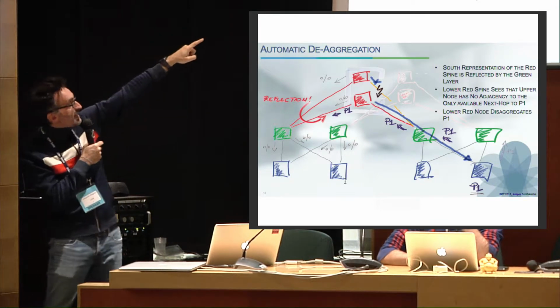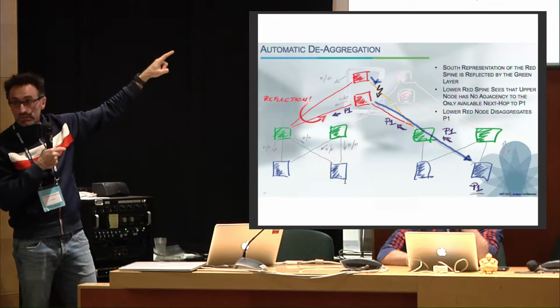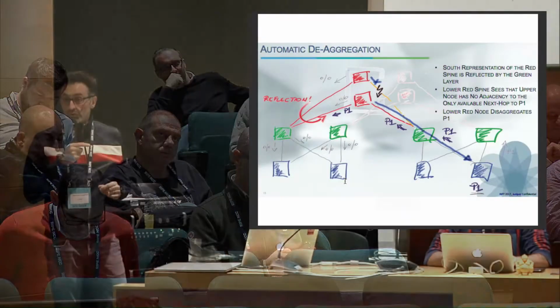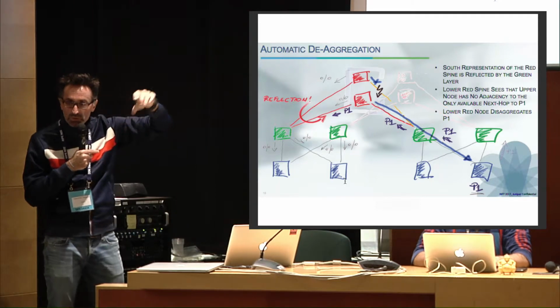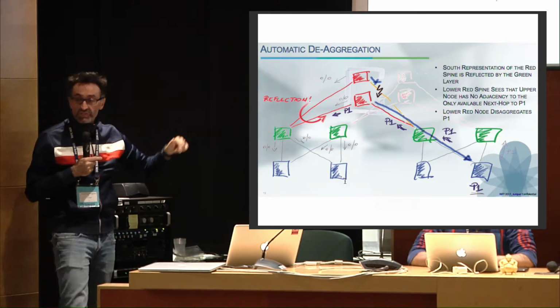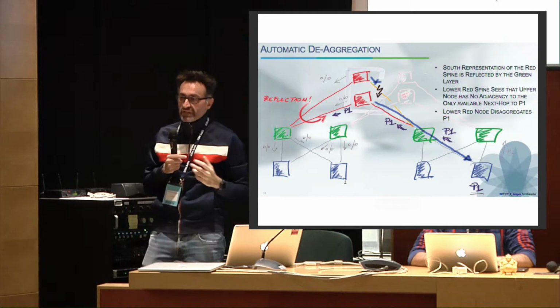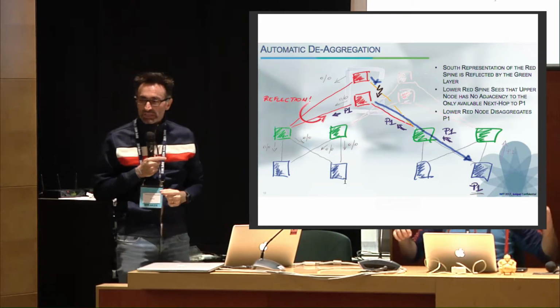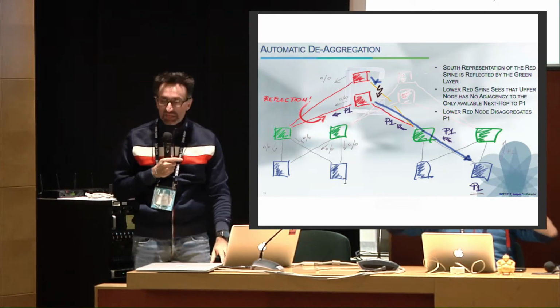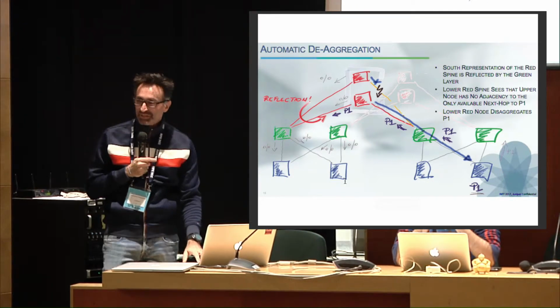And so it starts to advertise P1 explicitly, automatically, to the green box, and in this way the connectivity is restored, because the green box will use just the below red box to reach P1. This happens because of a very fancy algorithm that I couldn't even understand in the draft, but I have a prototype on my laptop and I can assure that it works.